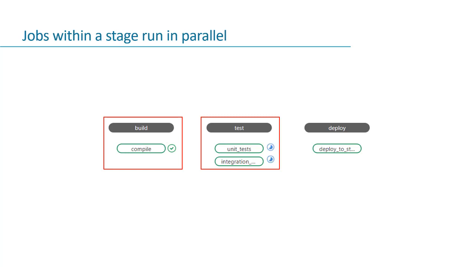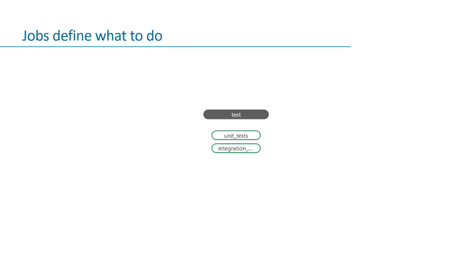This is really important. The stages themselves run in sequence, but the jobs within a stage run in parallel. So the unit test and the integration test in this case are going to be running together at the same time. That's really important, because if they're running at the same time, it means they should not rely on each other.